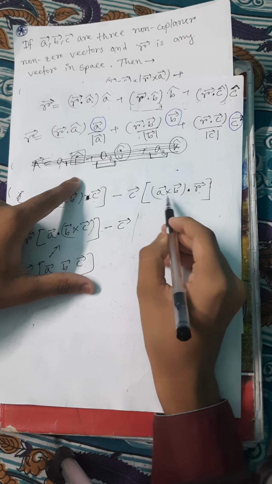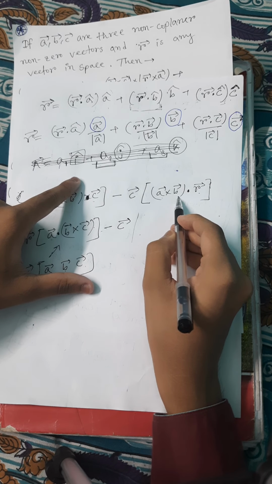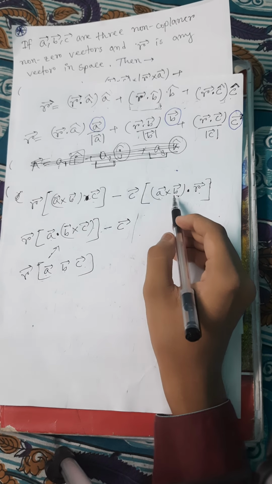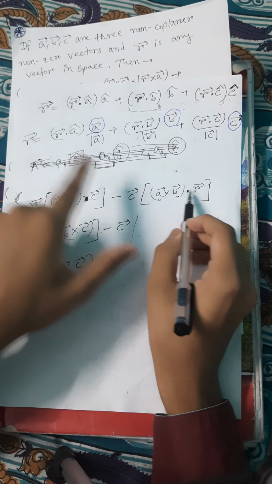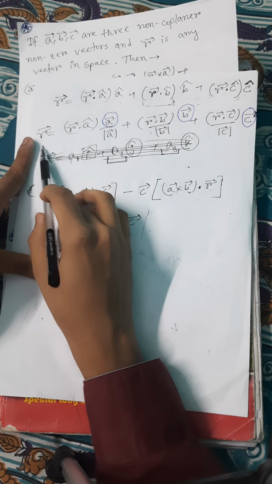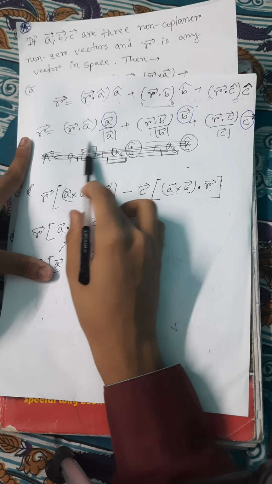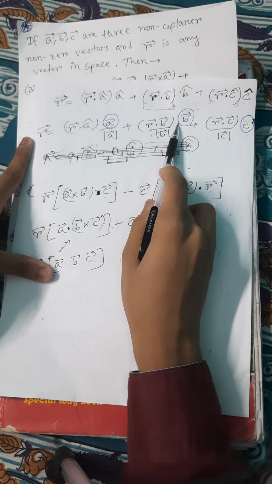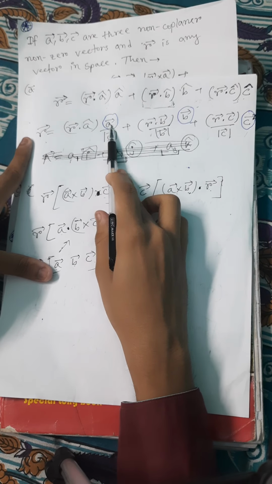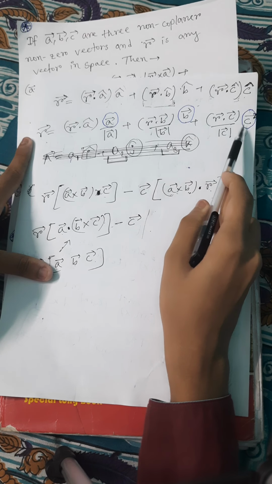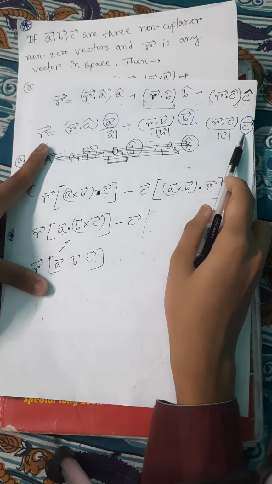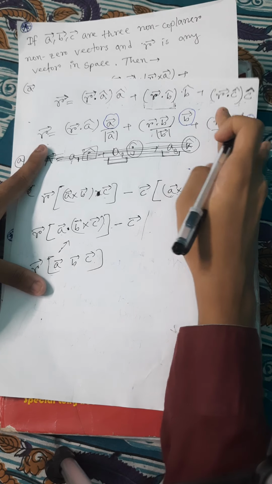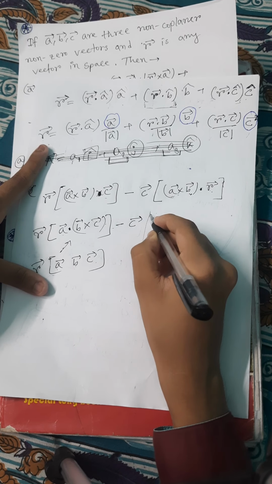You see, A cross B vector is perpendicular to A as well as B. So when you take dot product with this, what is R vector? R vector is expanded this way. When you take dot product, this term will vanish and this term will vanish, because A cross B is perpendicular to both A as well as B. So this C term will remain. This constant will come out.